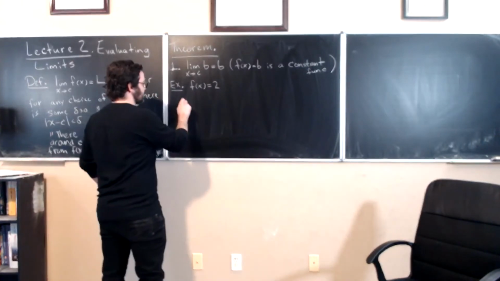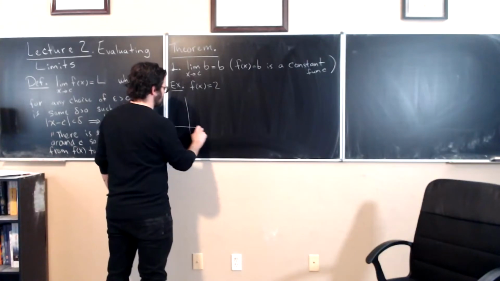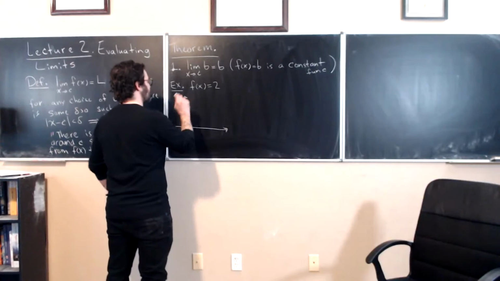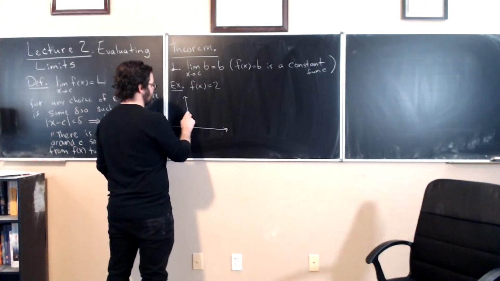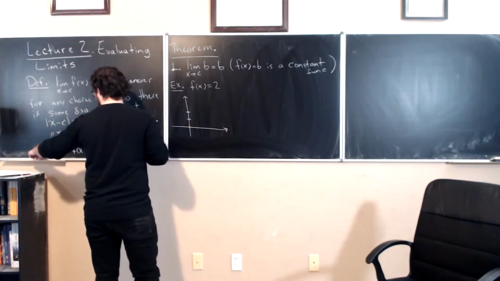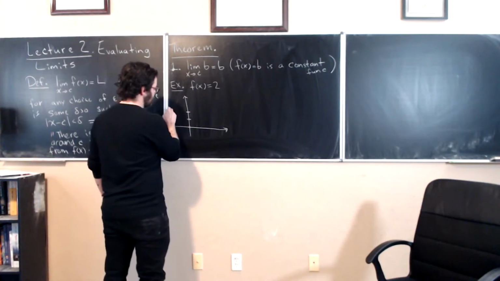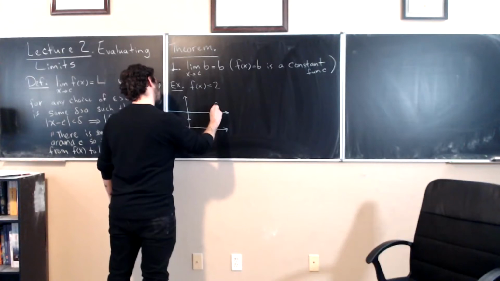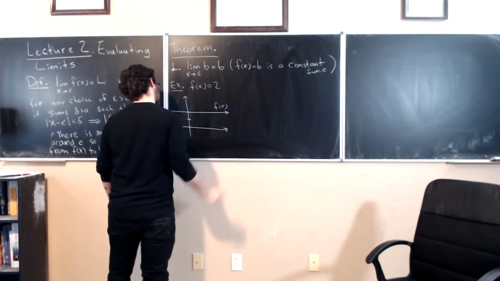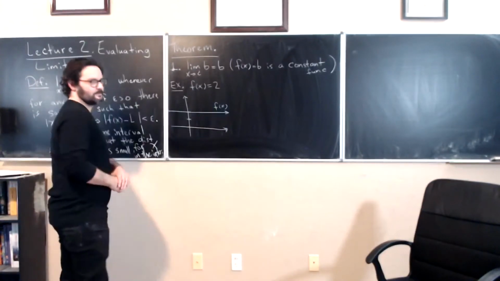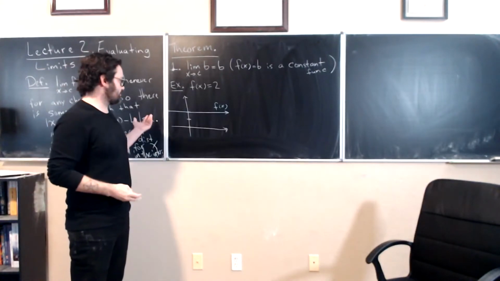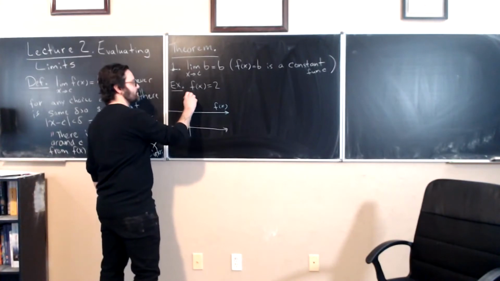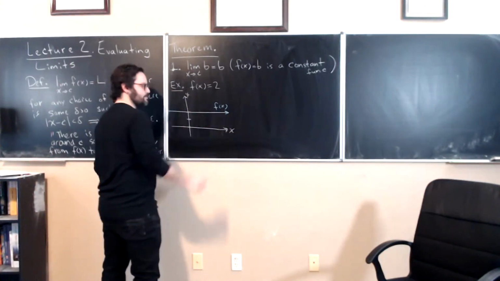What does the graph look like? The graph, plot of f of x, looks like this. Okay. It's just a horizontal line that intersects the y-axis at y is equal to 2.